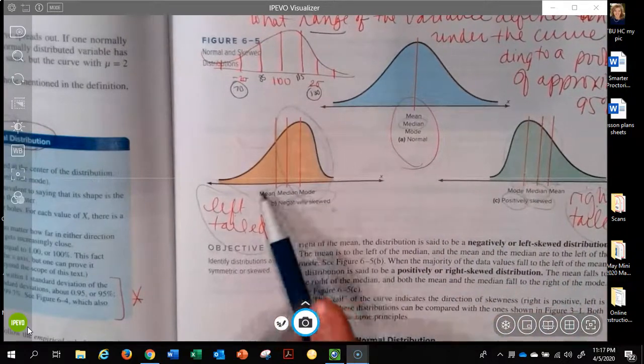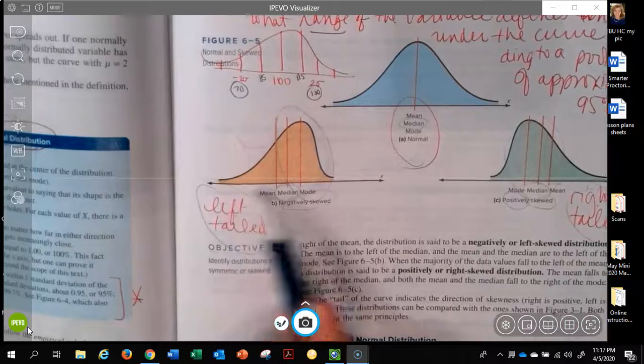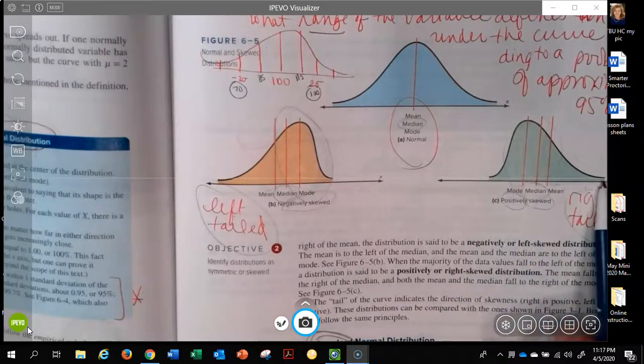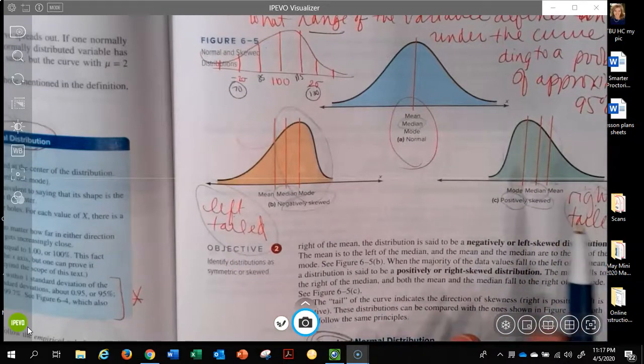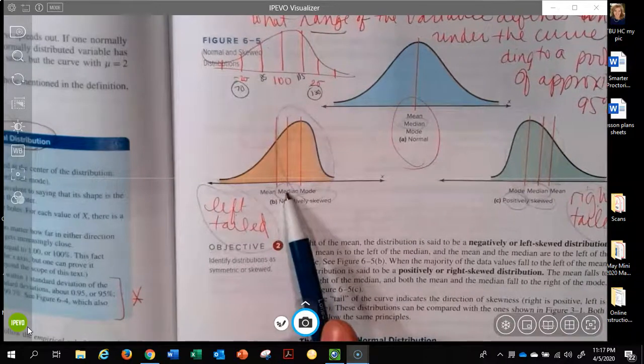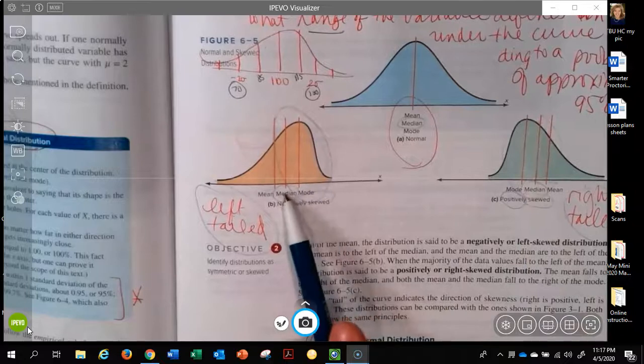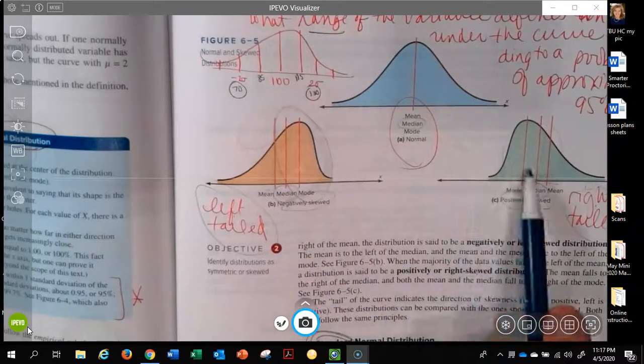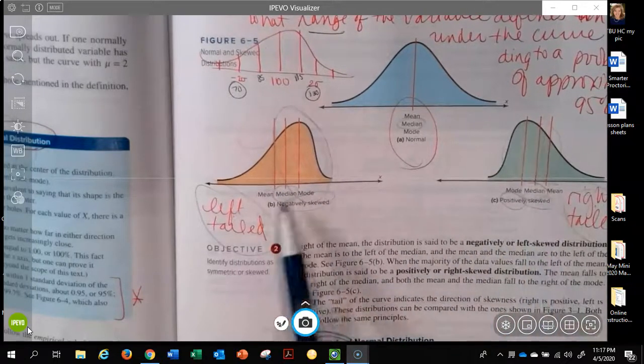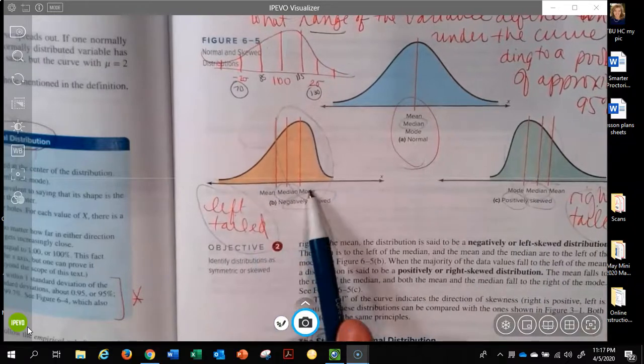So notice how mode is on the right for the left-tailed skew, and it's on the left for the right-tailed skew, or however you want to see it or say it. Median is always in the middle. So once you can figure out median's in the middle and mode is the highest one, well, mean goes on the other spot, on the other side of median from the mode. Mean is the average.